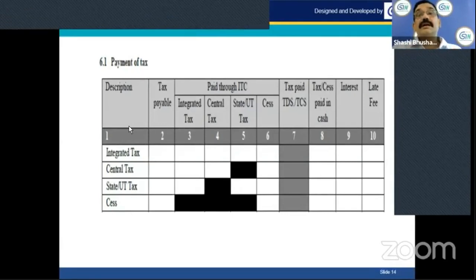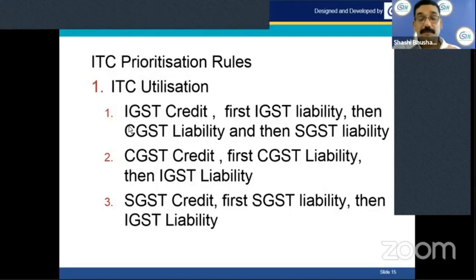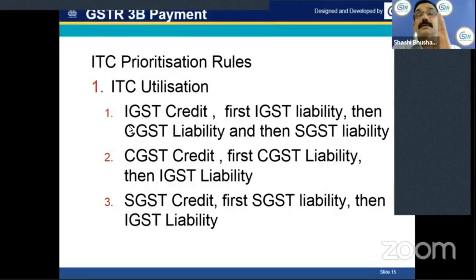The ITC which you declare will go to your ITC ledger, and then you can make the payment accordingly. One thing which I think all taxpayers will have to get familiarized with, and it is new, is that there is a prioritization rule for utilization of ITC. IGST credit can first be utilized only for IGST liability, and then CGST liability, and then SGST liability.